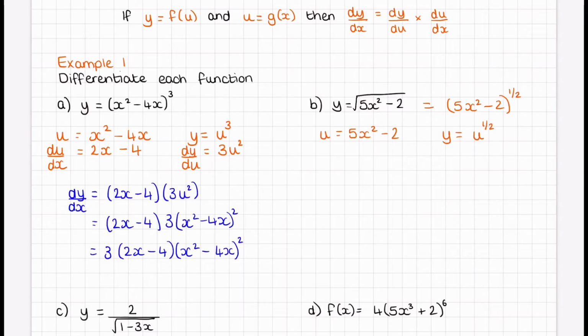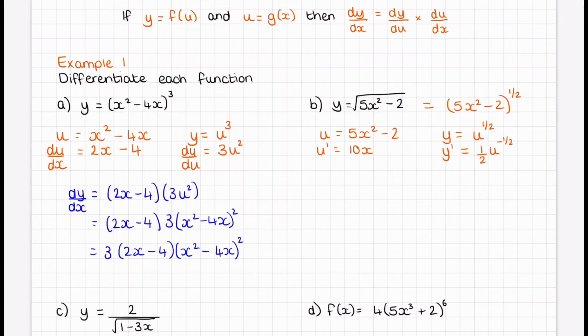Then we find the derivative of each. The derivative of u will be 5 times 2, which is 10x, and the derivative of minus 2 is 0. The derivative of u to the power of a half will be half u to the power of negative a half.